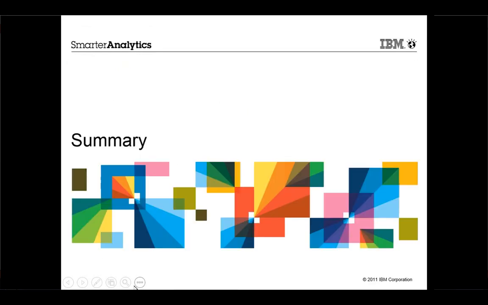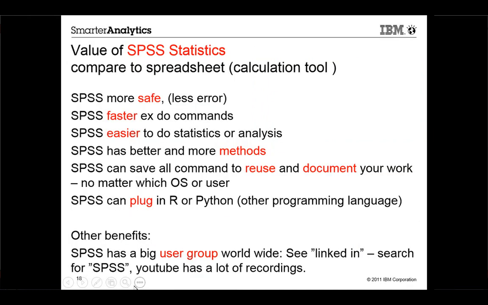So the summary, the value of SPSS Statistics, if you compare it to the spreadsheet or the calculation tool, it's safer, with fewer errors, and that's because you can save everything into commands, syntax, or you can use ready commands. It's faster because you have just some simple clicks to find the commands.